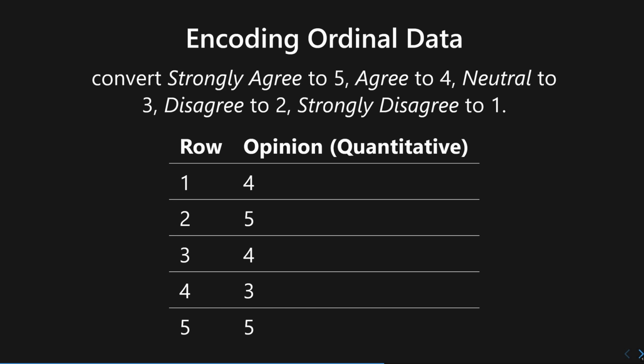You can replace each response with a corresponding numerical value based on how much a respondent agrees with the opinion. You can convert, for example, strongly agree to the value 5, agree to 4, neutral to 3, disagree to 2, and strongly disagree to 1. So you still preserve the underlying ordinal nature, and at the same time you also have quantitative data at this point.